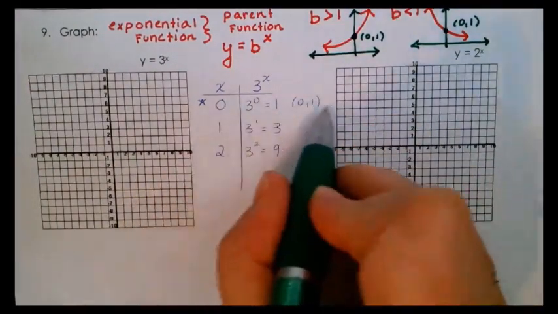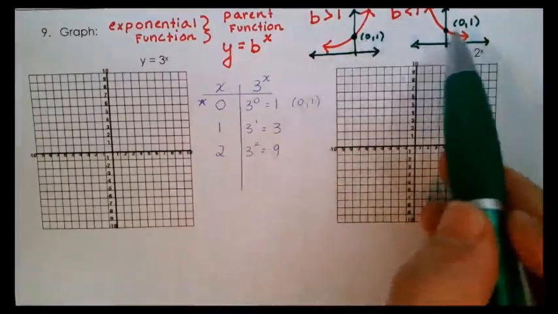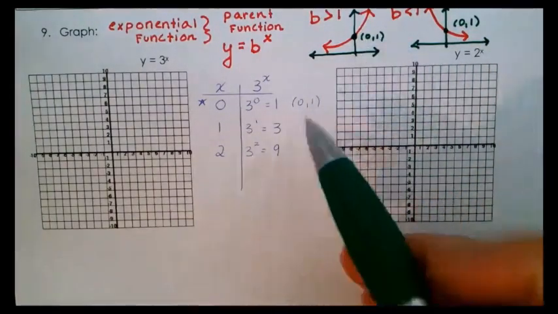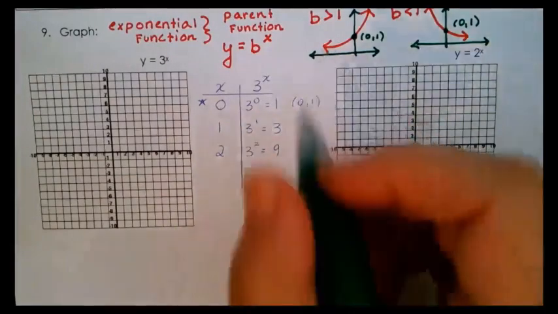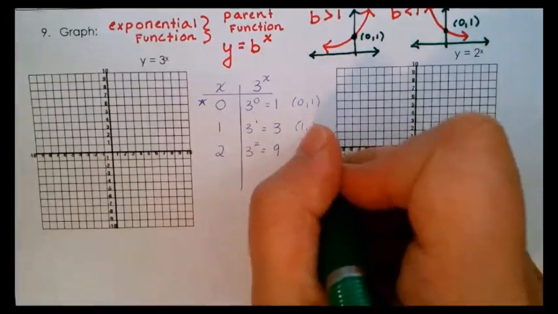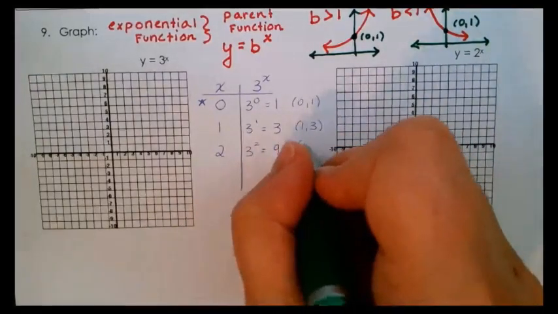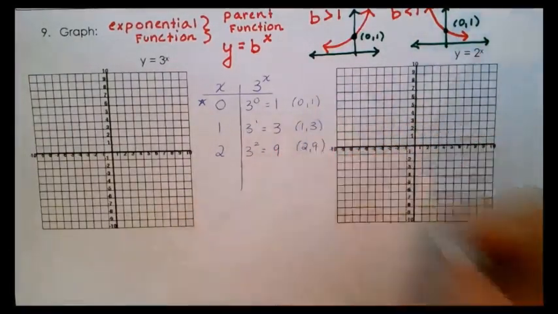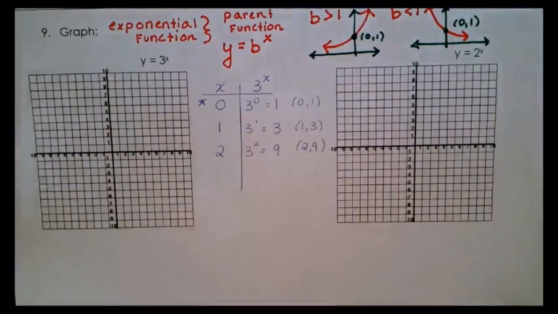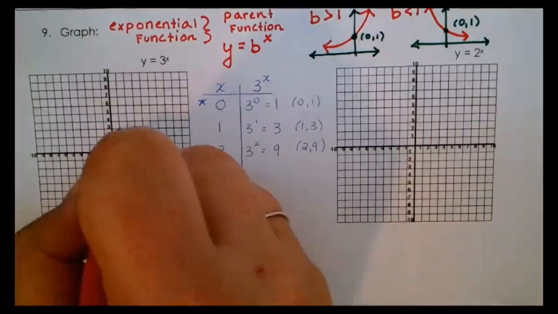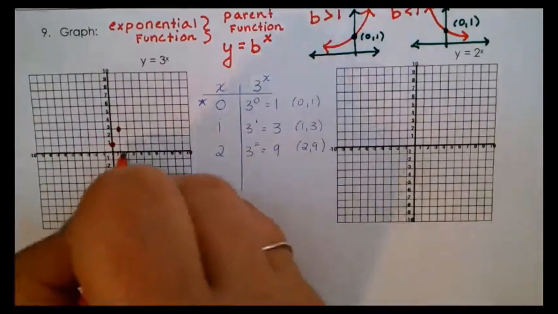So we have 0, 1 as our first point, which I told you in the beginning is always going to be our y-intercept. The next point we're going to have is 1, 3. And then the last one we're going to have is 2, 9. Let's plot those points and create a rough sketch. 0, 1, 1, 3, 2, 9.